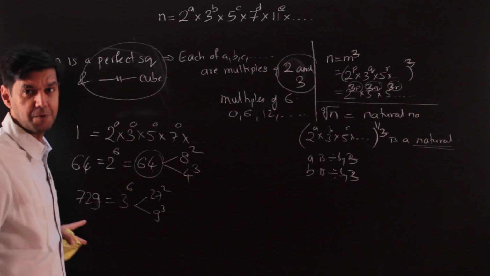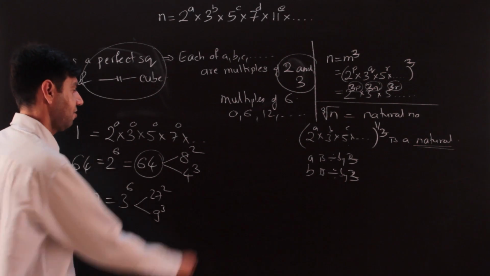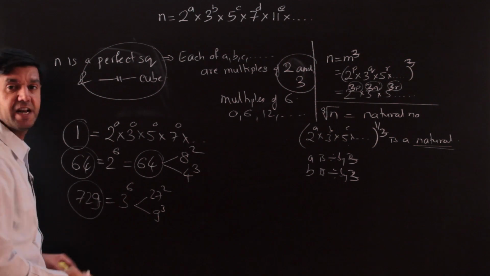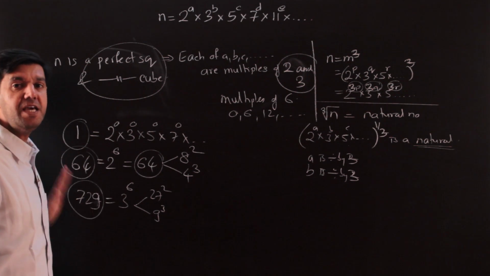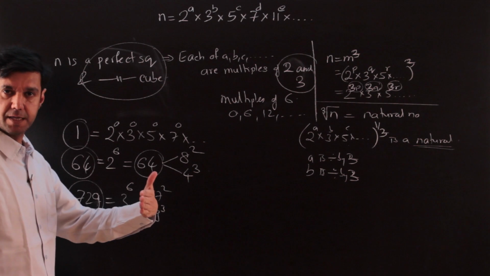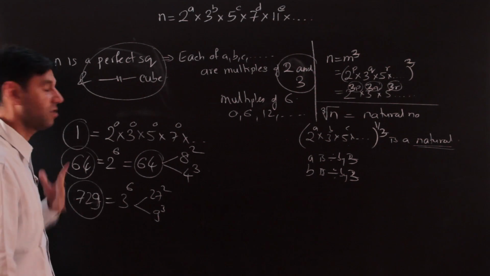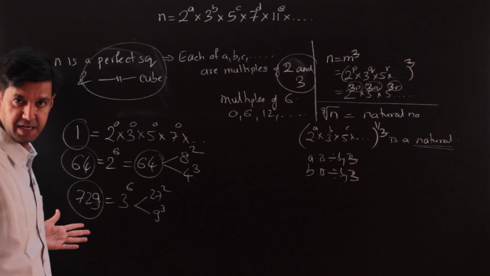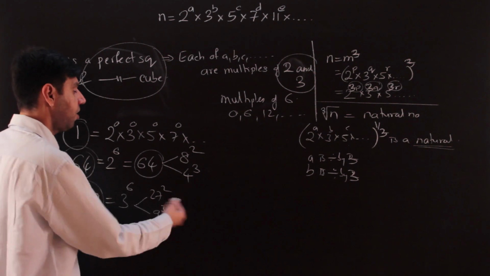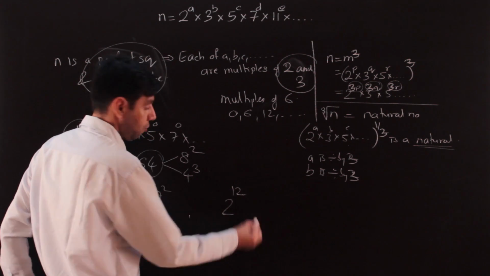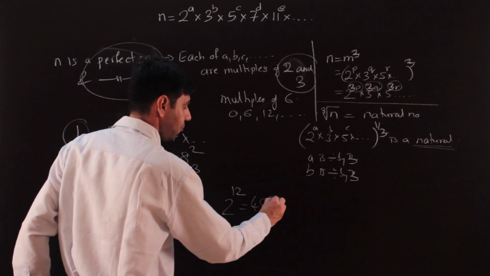You need to know these properties of numbers if you want to be very strong. So 1, 64, 729: these are the only 3 numbers up till 1000 which are a perfect square and a perfect cube. I think that gives a lot of confidence when you know such things. And if you want a slightly larger number, it will be 2 raised to 12, which is 4096.